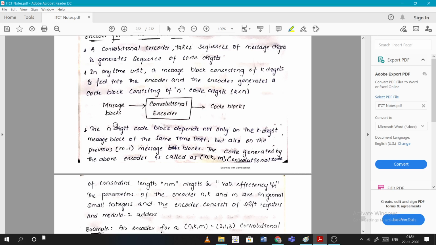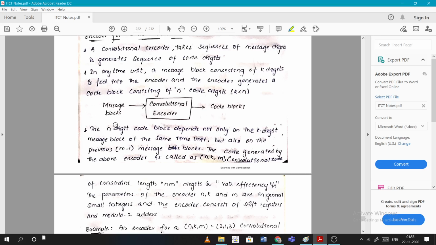The n-digit code block depends not only on the k-digit message block of the same time unit, but also on the previous m-1 message blocks. The code generated by the above encoder is called an (n, k, m) convolution code.